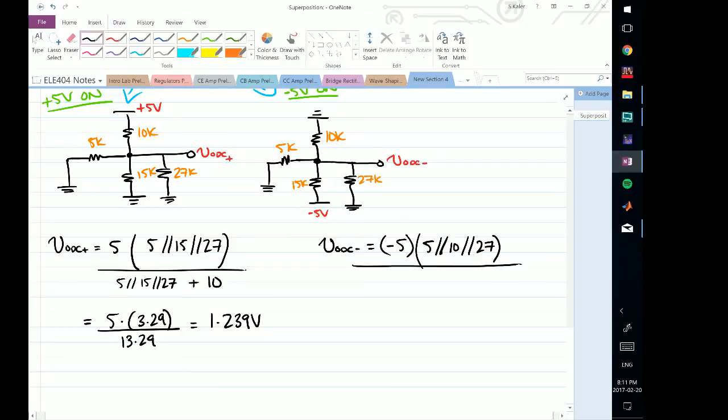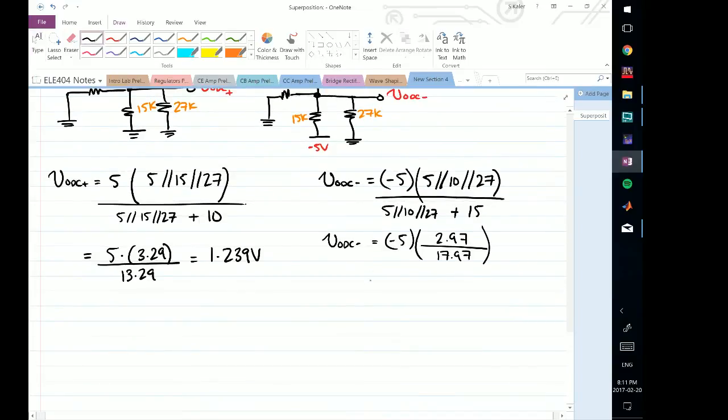So I take this parallel combination and I divide by the same parallel combination plus that resistor that is here now, and this is 15. So plus 15. So now if I do this, I will find VODC minus is going to be equal to minus 5 times 2.97 divided by 17.97. And so the number I get here is minus 0.826. And this is VODC minus.